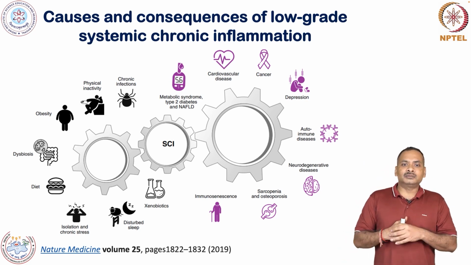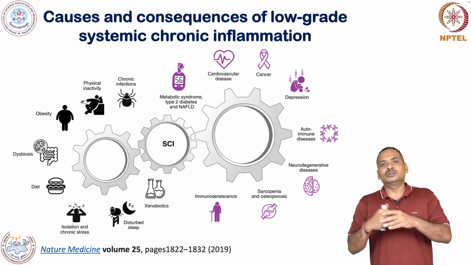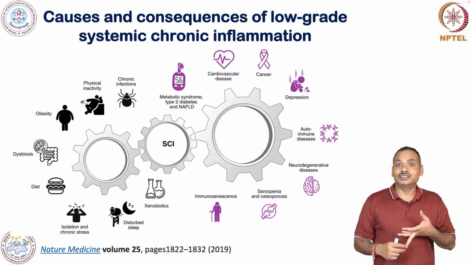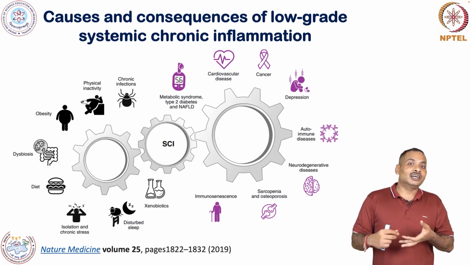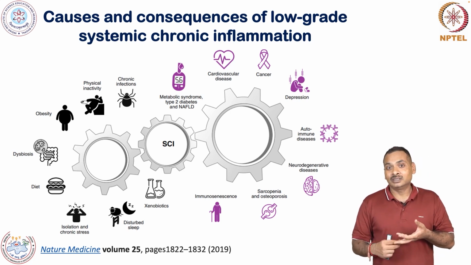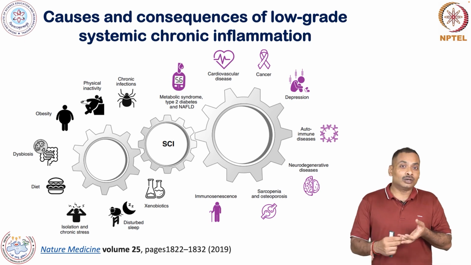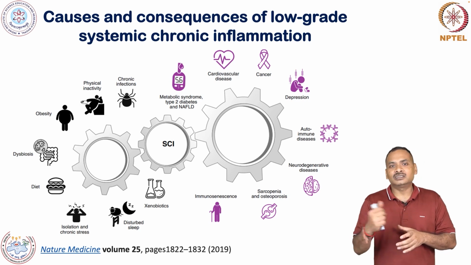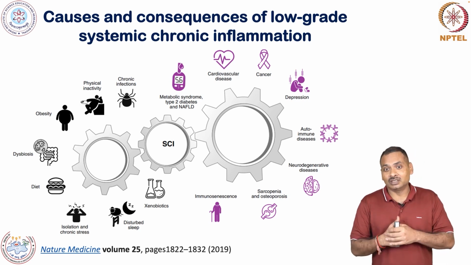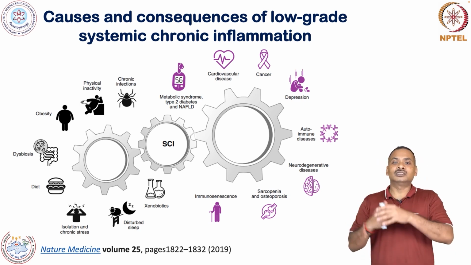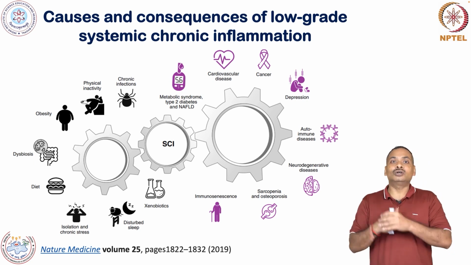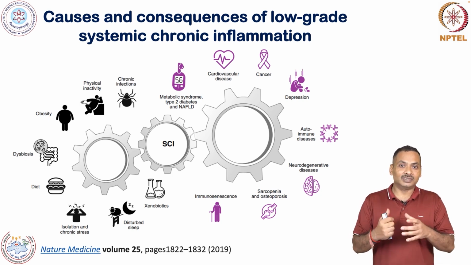There are some of these consequences that result in a variety of metabolic diseases. Metabolic diseases, when I say that, it's a series of diseases which start with hypertension, and then hypertension results in diabetes, or maybe both happen together, and all these things basically result in the development of cardiovascular diseases, that may result in cancer, that may result in depression, that may result in autoimmune disease, which is very complex, very difficult to treat.